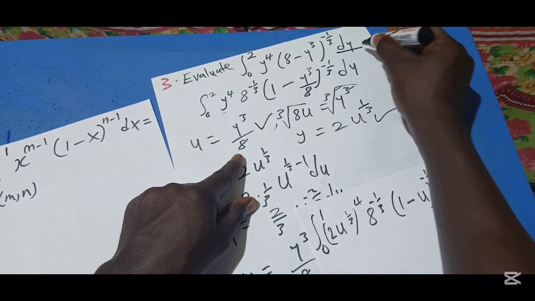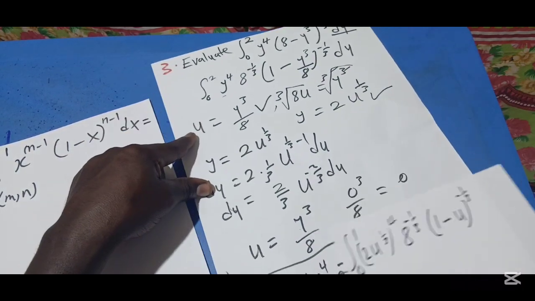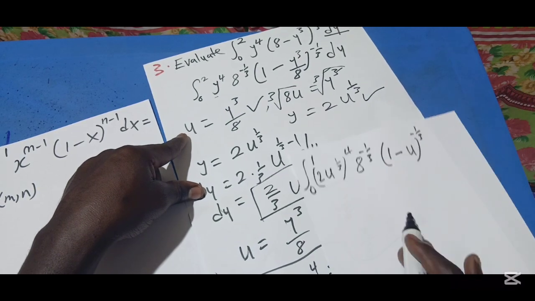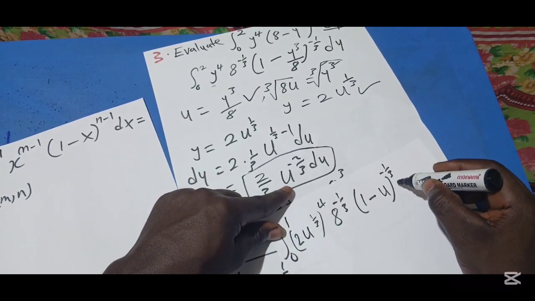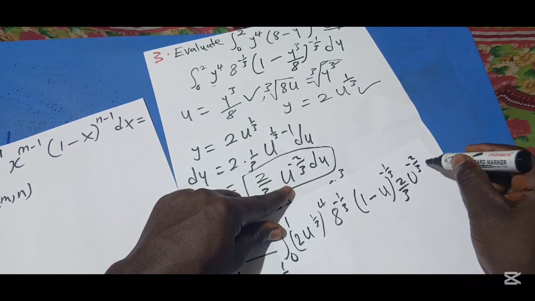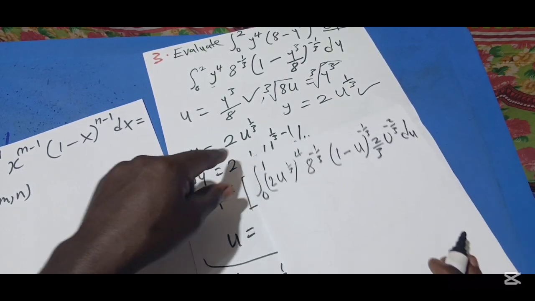And our dy, what is the value for dy? We solve for dy here to be 2 on 3 u to the power minus 2 on 3 du.